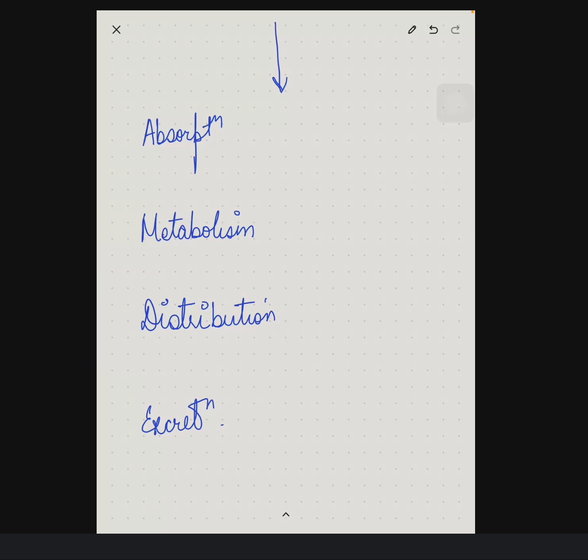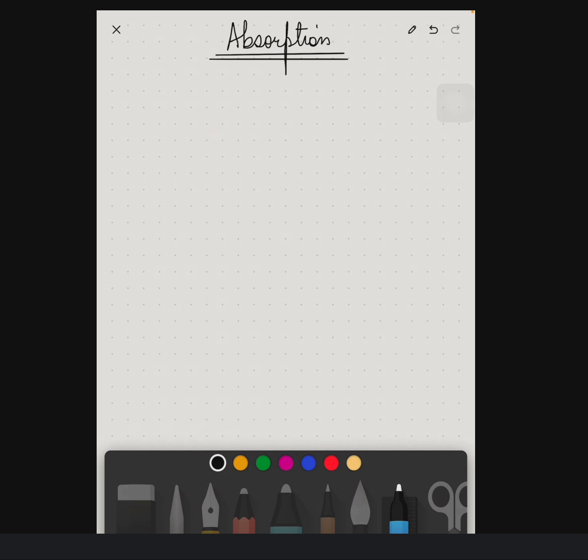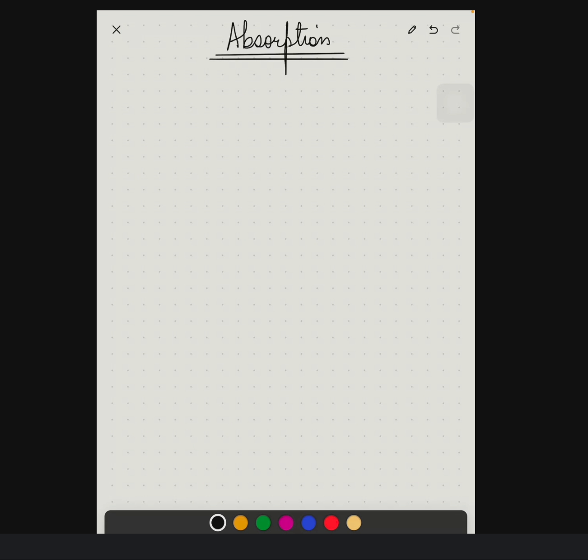So when we say absorption, we talk mainly about oral drugs, or if we talk about drugs that are given IV, we are mainly talking about plasma binding. So first, absorption. Interaction during the absorption phase is mostly dependent on the gastric emptying.